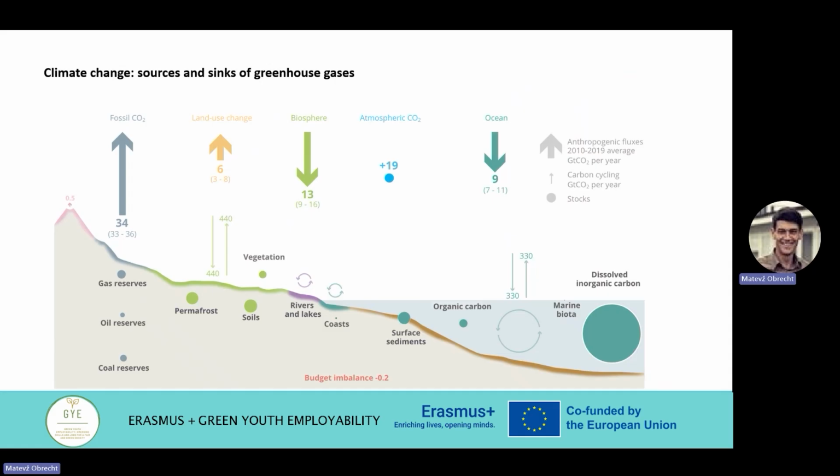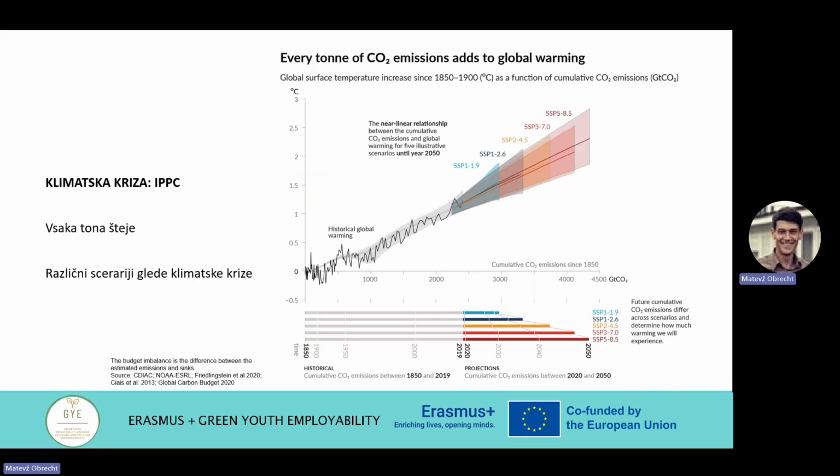That's why the concentration is going higher and higher. This is of course not good, because in the scientific field it is accepted as the main cause of climate change. So bigger concentrations of carbon emissions are causing climate change.